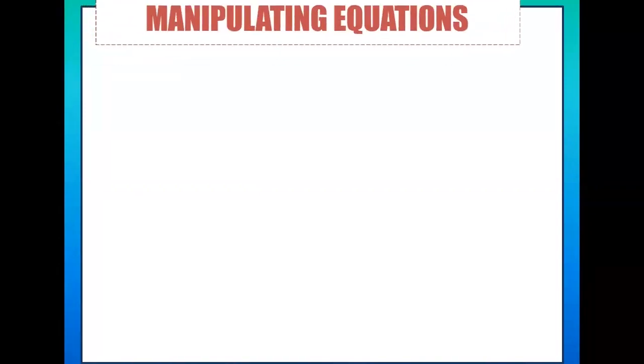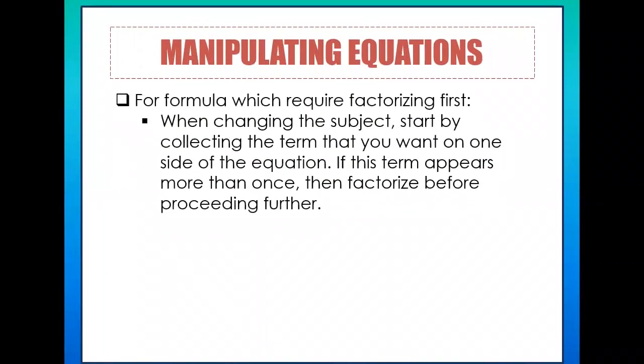Now let's have rule number 3. For formulas which require factorizing first, here's the thing that we have to apply. When changing the subject, start by collecting the terms that you want on one side of the equation. So this is more about the subject of the formula.